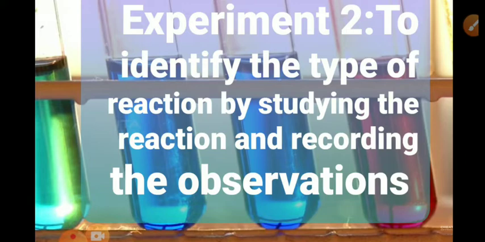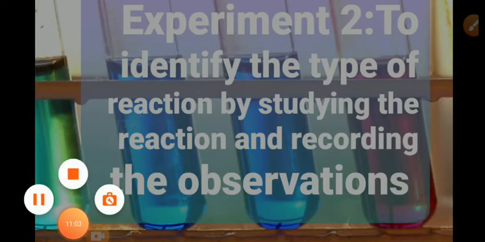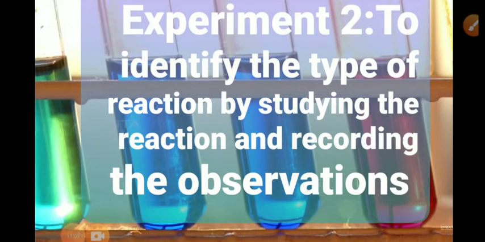Children, in part 3, we have to heat lead nitrate. Here we will see what happens when we heat lead nitrate powder. We will take white colored lead nitrate powder in a test tube.